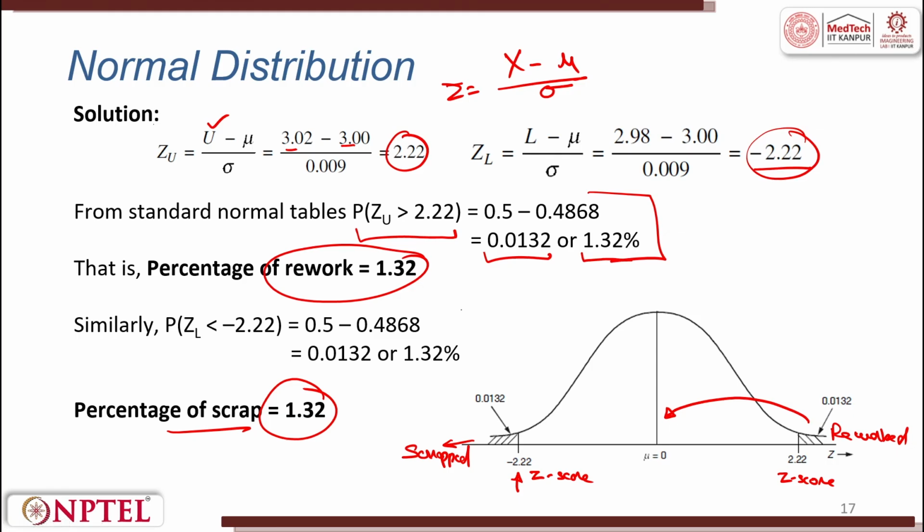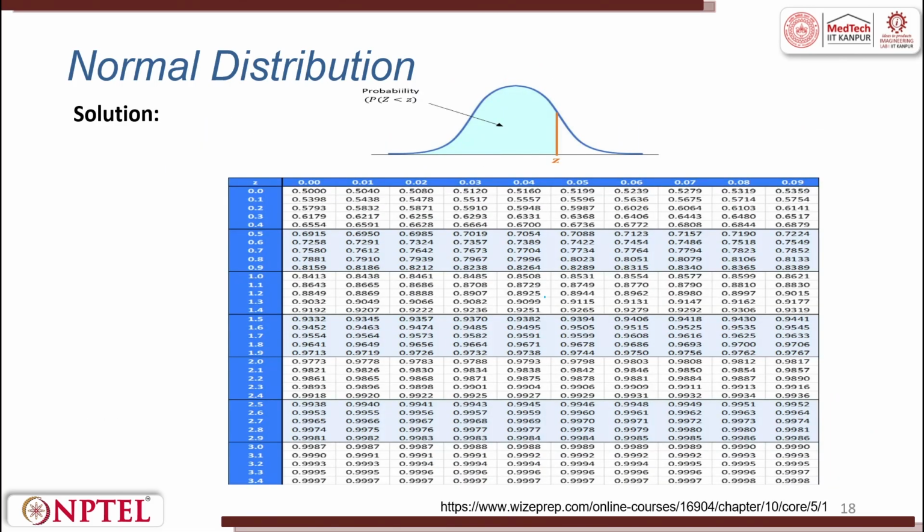Just to show you the standard normal distribution table at minus 2.22 and 2.22, what are the values? You see this is given as 0.5 minus 0.4868. This is the area that we have seen in this table. In this table we can see 2.2 is here. From this, 2.20 is this, 2.21 is this, 2.22 is this, 0.0898.